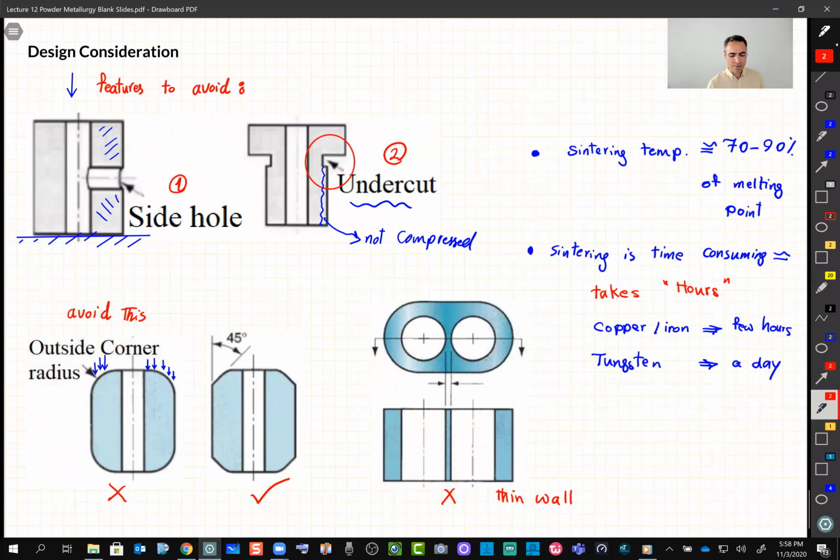Well, Jesse, you spoil another question for the final exam. So let's see if somebody can answer this question and get a credit for it. What Jesse is asking is a good question. We go up to 70 to 90% of the melting point. Now imagine that you combine two powders.